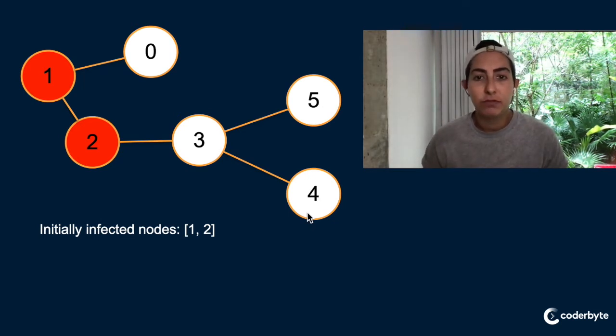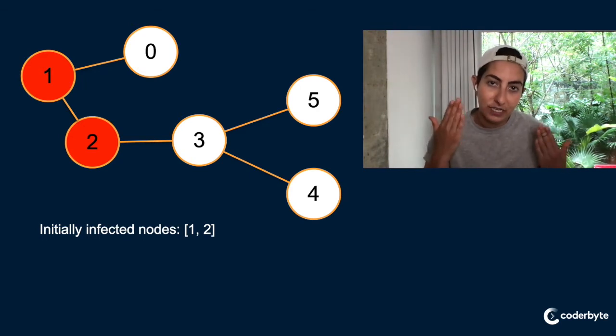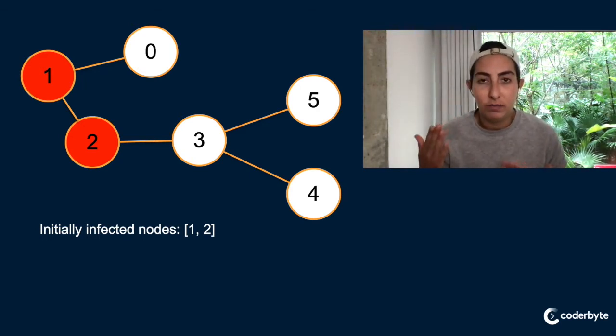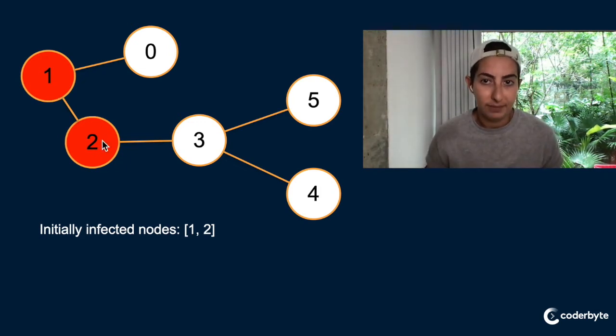And you can remember that the question is asking, which node should we remove so that the overall health of the network is maintained, right? We're trying to minimize the spread of this malware. What that's actually asking, with this new lens now that we know all about disjoint sets, is when we add in each of these nodes, which one of them becomes part of a bigger component, right?